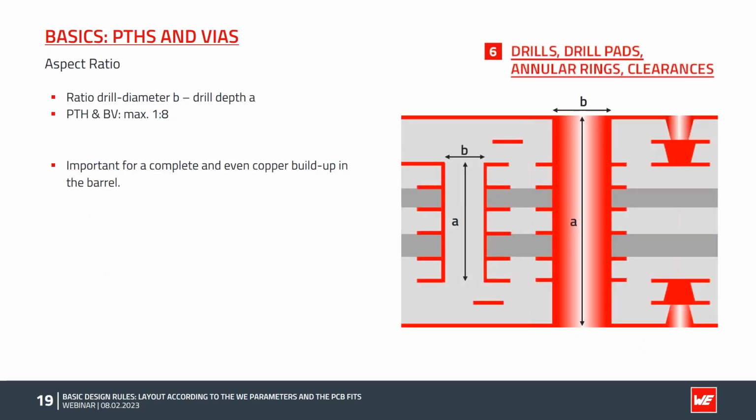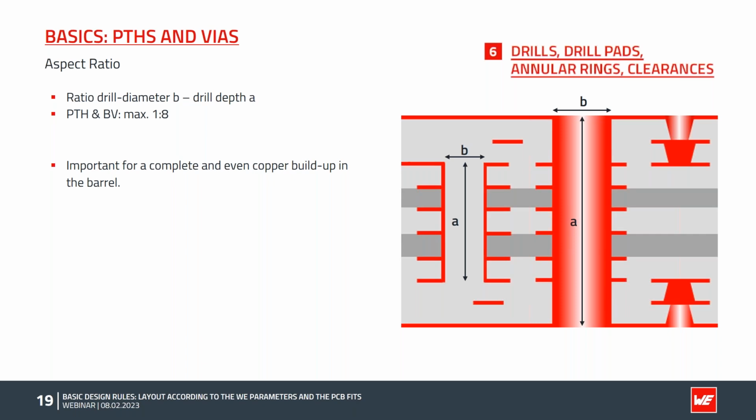So aspect ratio is a ratio, and first of all, you always have to be clear what you are talking about. In this case, on this slide, we specify the aspect ratio by drill diameter B divided by the drill depth A. So B to A is in this case the ratio.